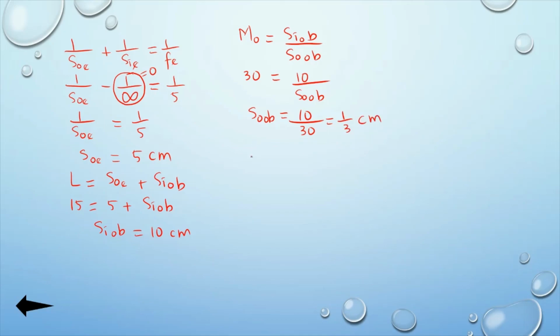After we get the values of SIOB and SOOB, now we can calculate the value of FO.